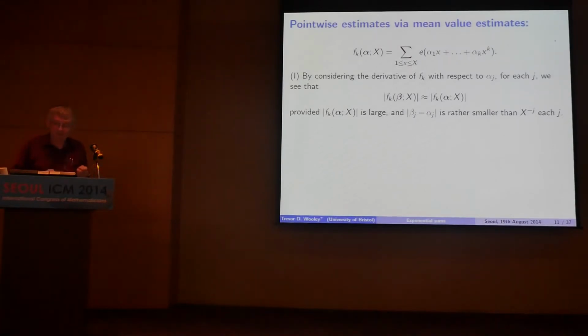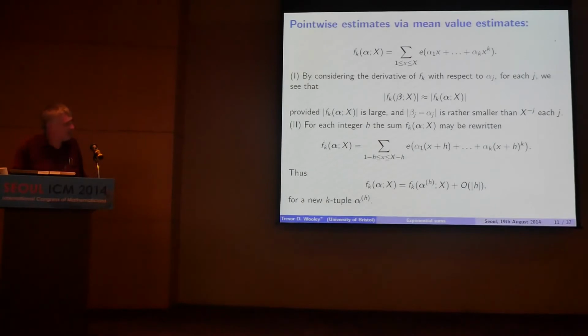If you think about some kind of Taylor expansion or mean value estimate, the derivatives don't increase very rapidly. So if you change the argument not very much at all, then the exponential sum just doesn't have room to change appreciably. If you stay in a very small neighborhood of the k-tuple of coefficients which you're interested in, then the exponential sum really doesn't change much in size.